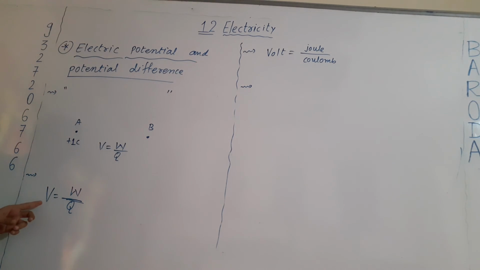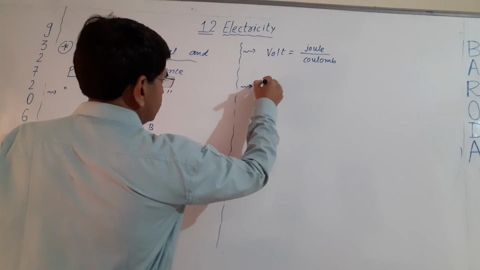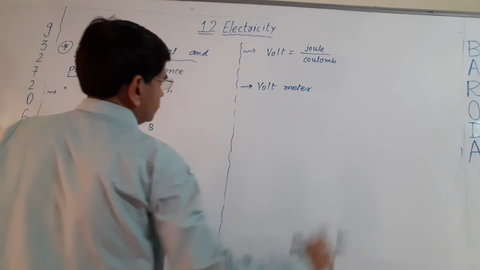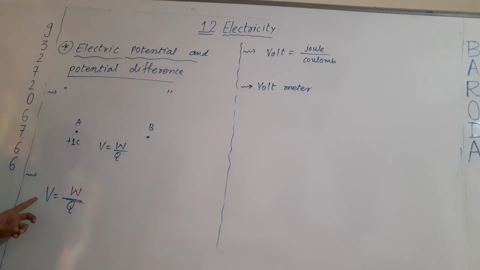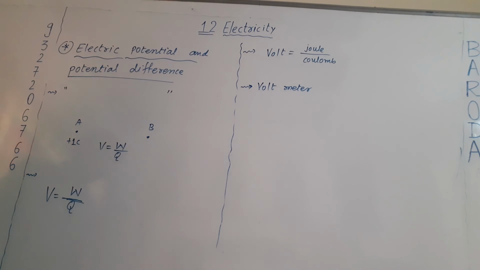To measure the potential difference, the instrument used is known as voltmeter. So potential difference can be measured by an instrument which is known as voltmeter.